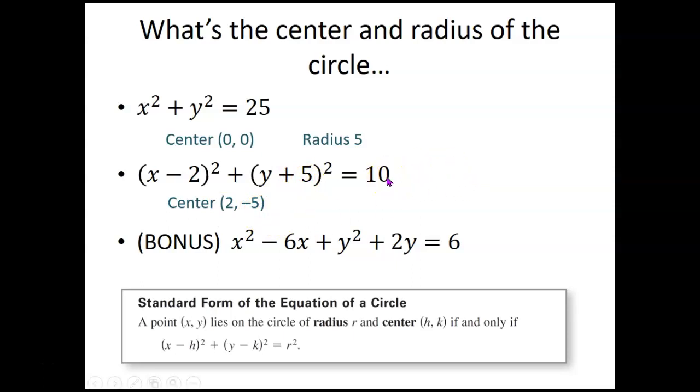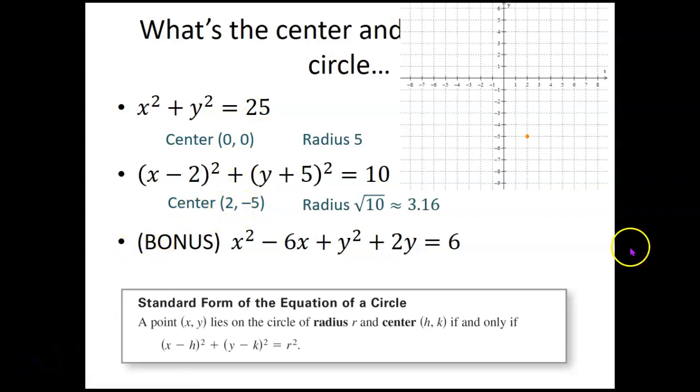And then over here, in the place of r squared, we have the number 10. So if r squared is 10, the radius itself would be the square root of 10, which is approximately 3.16. So the radius of this circle is a little bit more than 3. This particular circle is made up of all the points that are about 3.16, a little more than 3 units away from (2, -5) in all different directions.